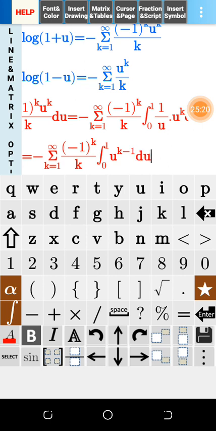So the integral of u raised to the power of k minus 1 du will be what?